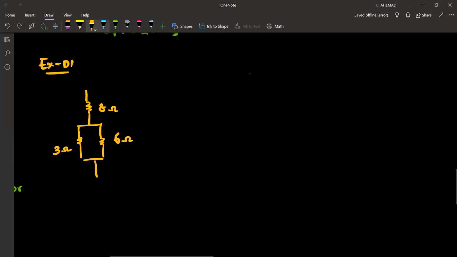We have to find the equivalent. So here we can solve these two resistors first. This is how you do it. You somehow try to find out a parallel or a series relationship. Here, what do you think about 8 and 6? Are they in series?